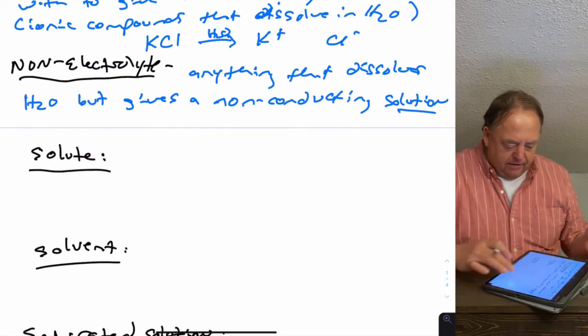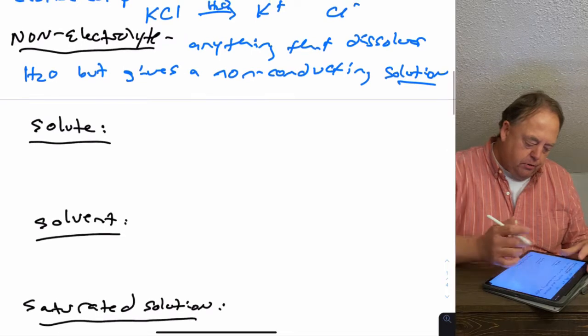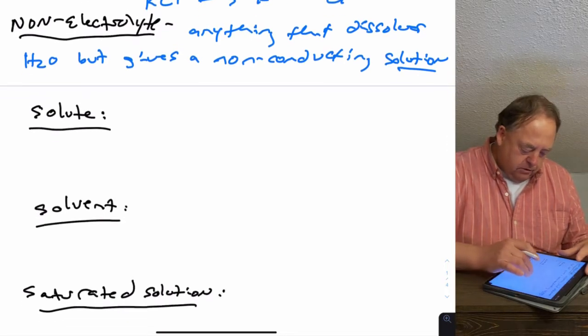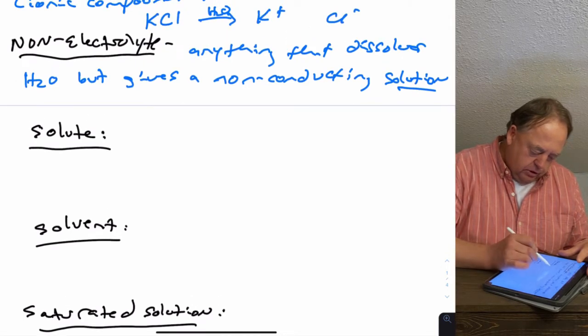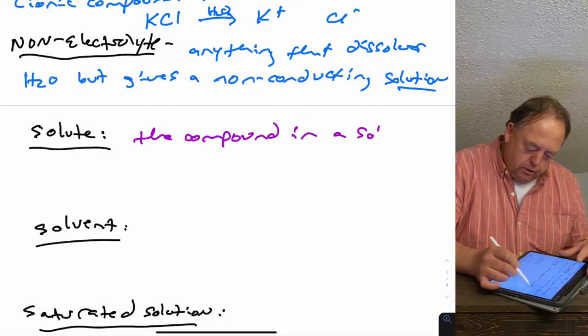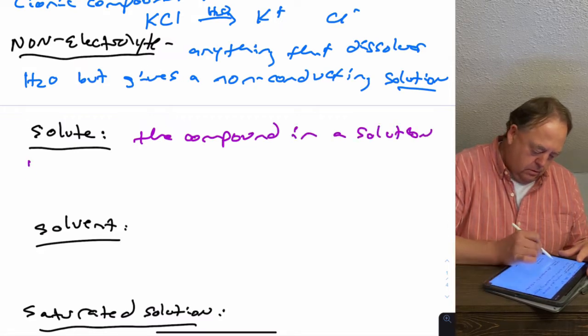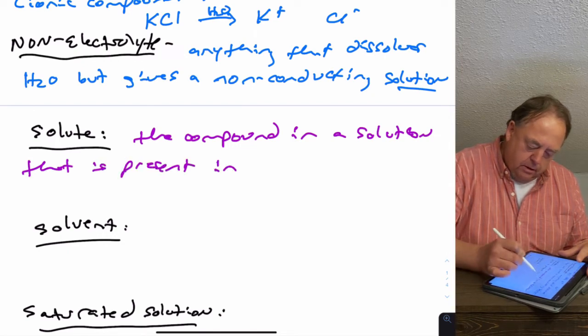Okay, so some basic definitions. You should know what electrolyte means, what a non-electrolyte means. Solute. So what is the difference between a solute and a solvent? The solute is the compound in a solution that is present in lesser amount.